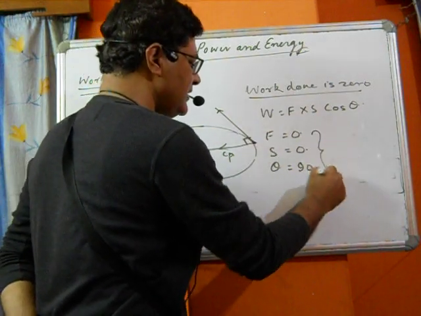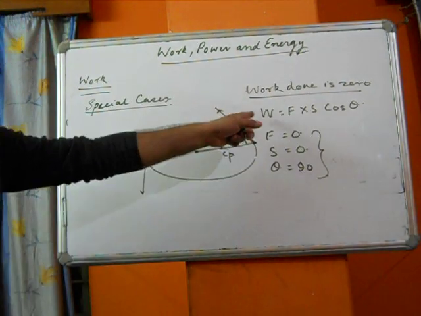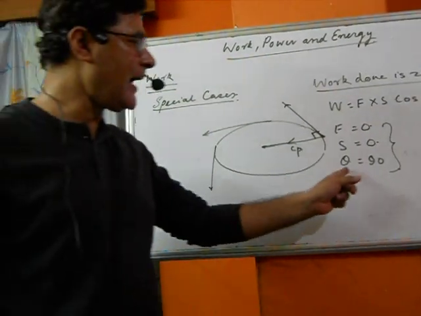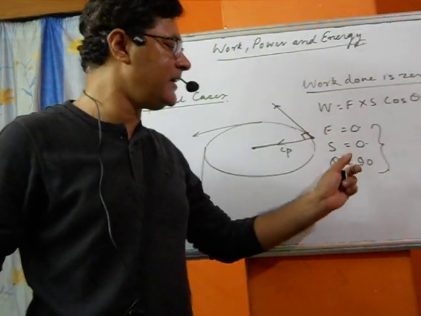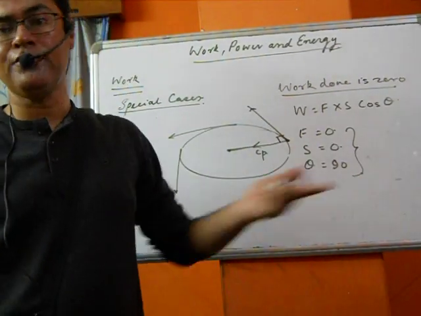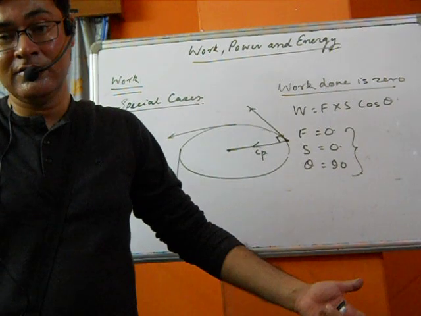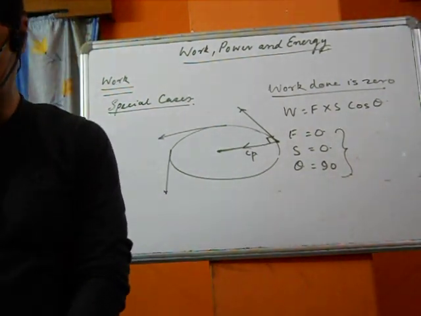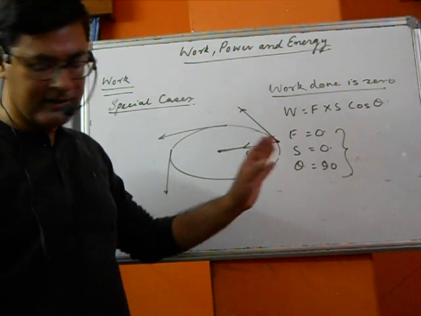So these are the conditions when the work done will be 0. Either the displacement is 0, or the angle between the direction of force and displacement is 90 degrees, or the magnitude of force is 0. You do not apply any force. Right? Got it?